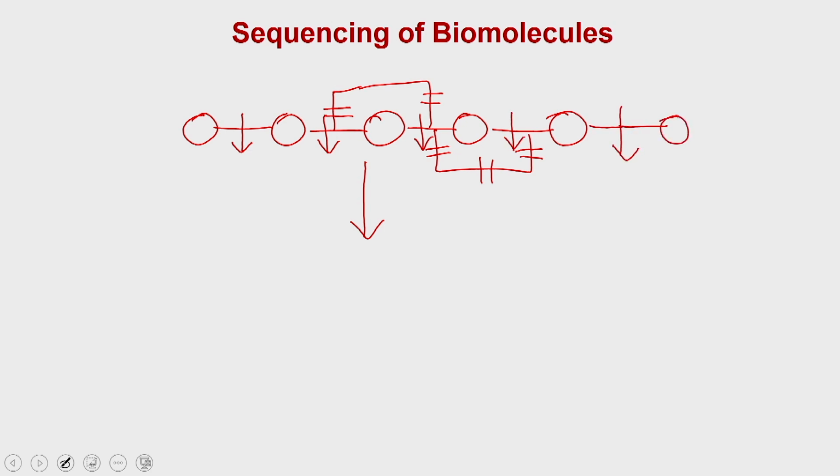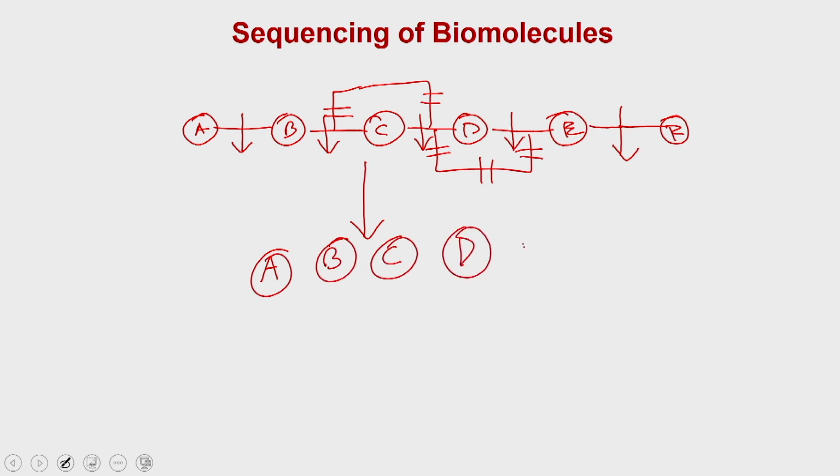Suppose this is A, this is B, this is C, this is D, this is E, this is F. If you cleave after everything, you are going to get a combination of all these alphabets in the solution. The next step is that you capture these alphabets.